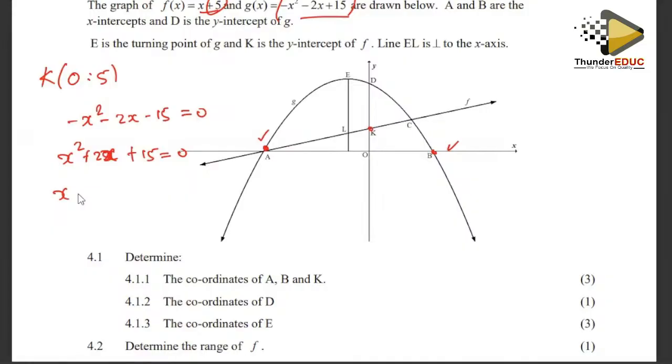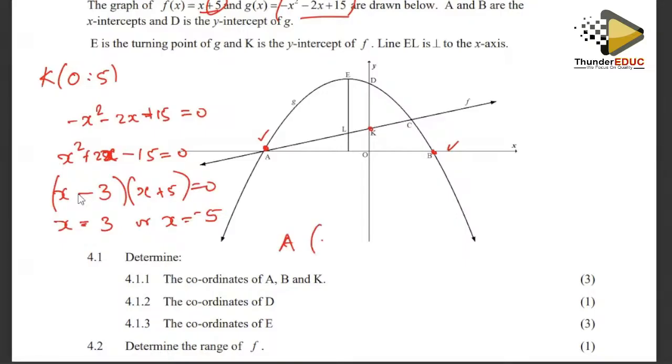When you open your brackets, we're going to have x minus 3, x plus 5. So either x is 3 or x is negative 5. So A is going to be negative 5 and 0, then B is going to be 3 and 0.